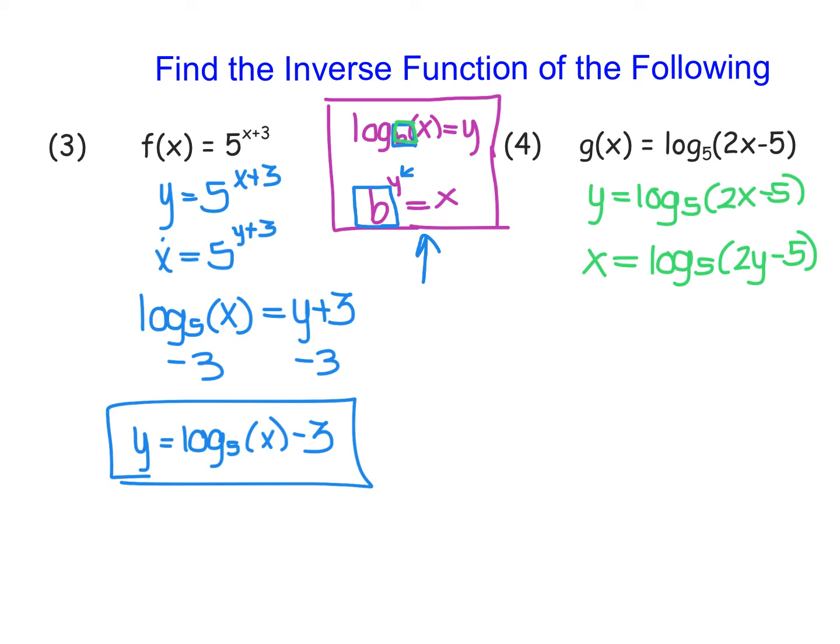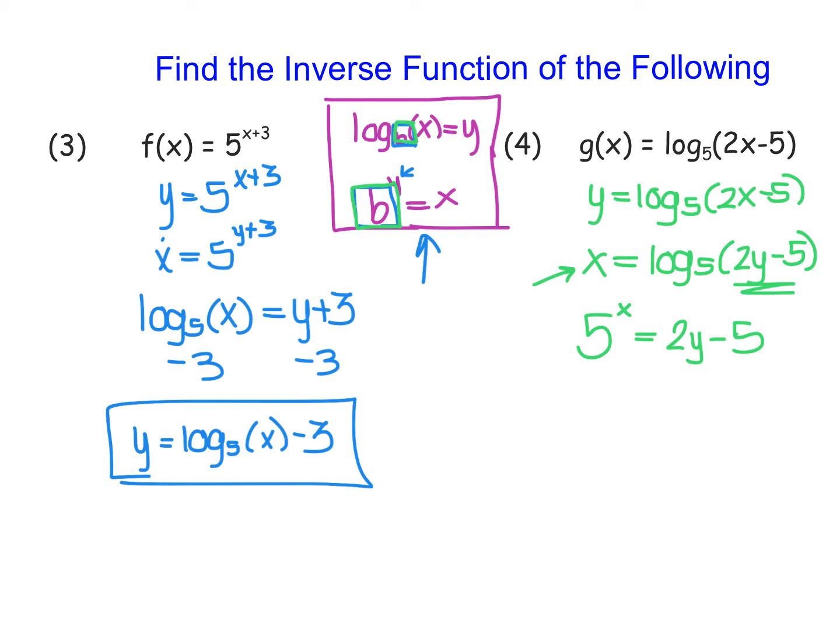Because my logarithm has a base of 5, my exponential is going to have a base of 5. So I have 5 to the power of what's on the other side of the equal sign, which is x. And that's equal to whatever is inside of the log here, which is 2y minus 5. So I rewrote my logarithm into an exponential using that special property in their relationship.